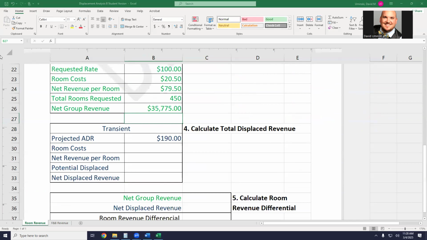Let's repeat our steps. I want you to repeat the steps on the displacement. Remember, the total displaced was 120. That's our total displaced. So I would like you on your own to calculate the room cost for the displaced, the transient rate, and the net revenue per room.